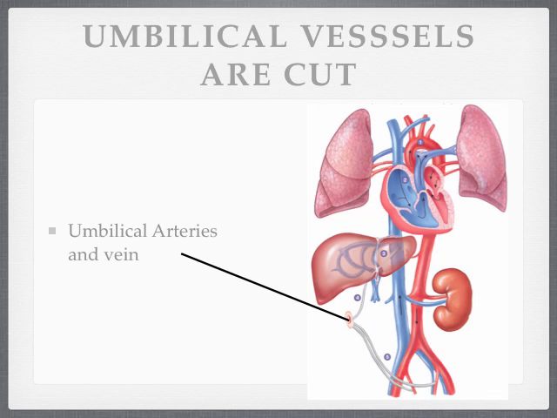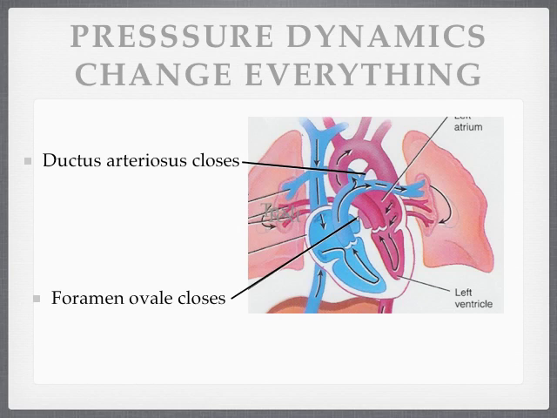Part of what's holding that up is the connective tissues of the umbilical vein. And that connective tissue will continue to remain there and help support the liver high in the abdominal cavity. Let's turn our attention to the heart and lungs, because this is where things really change.